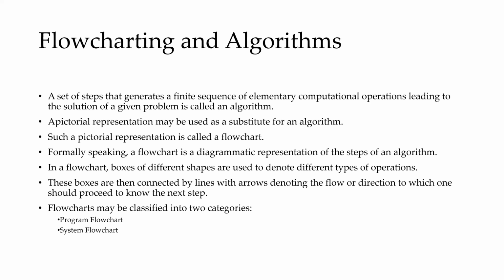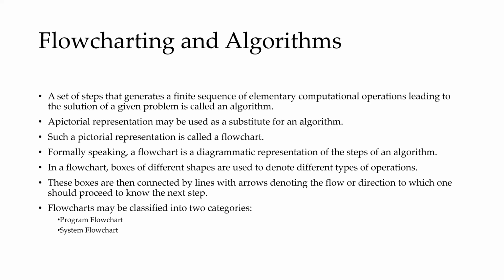Formally speaking, a flowchart is a diagrammatic representation of the steps of an algorithm. In a flowchart, boxes of different shapes are used to denote different types of operations, and these boxes are connected by lines with arrows denoting the flow or direction in which one should proceed to find the next step.